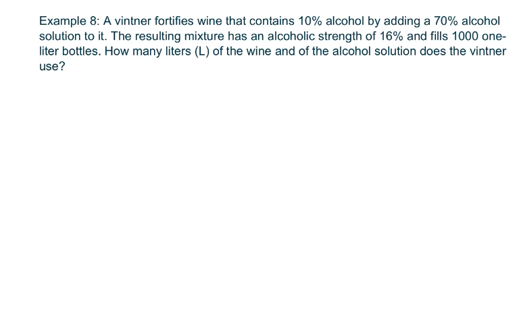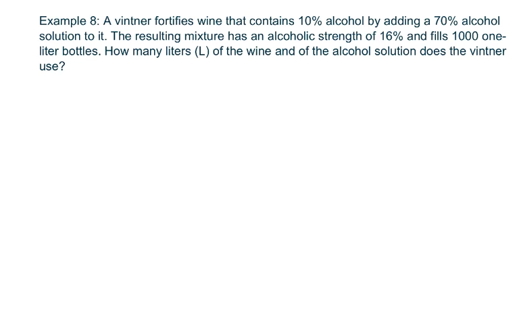Let's do this one more time, but this time we're going to do a mixture problem. Mixture problems are often used in these systems of equations sections, I should say. A vintner fortifies wine that contains 10% alcohol by adding a 70% alcohol solution to it.